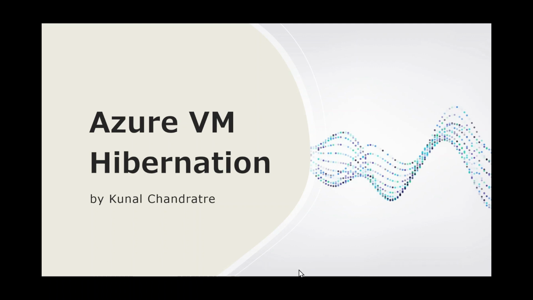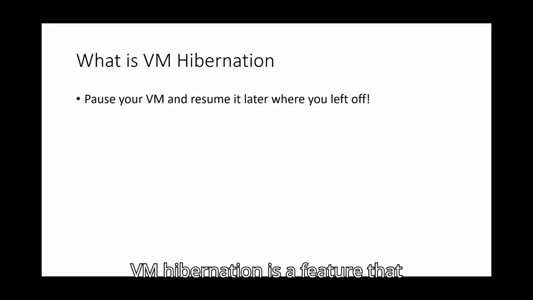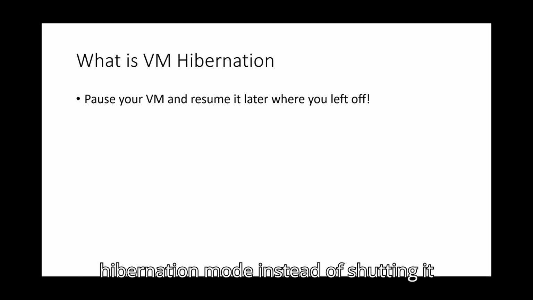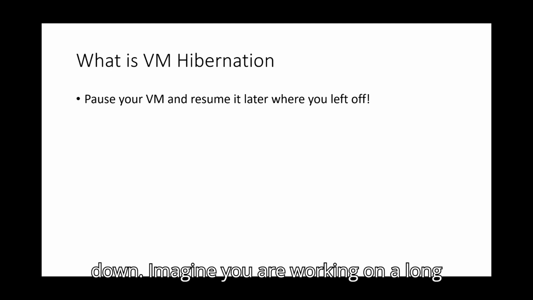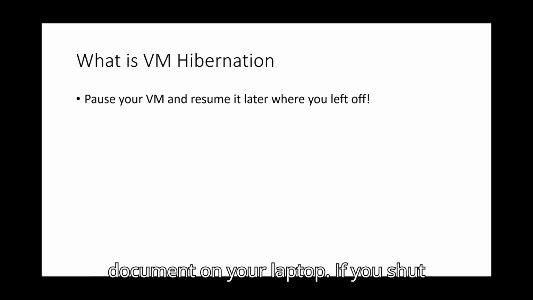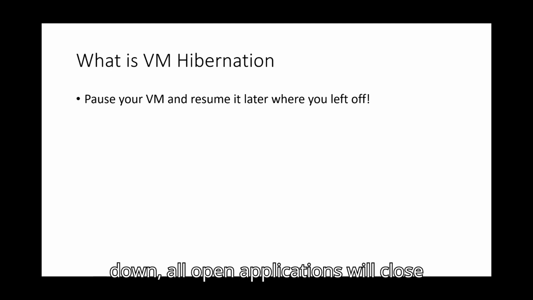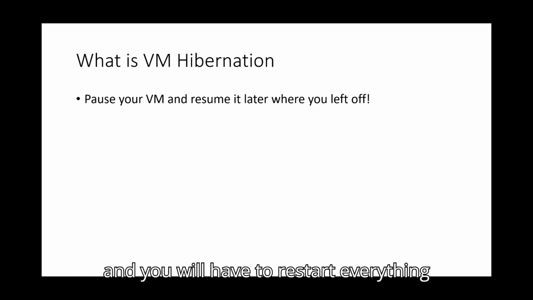So let us start. VM Hibernation is a feature that allows you to pause a VM and save its current state to disk. So you can resume it later from where you left off without losing progress. It is similar to putting your laptop into hibernation mode instead of shutting it down. Imagine you are working on a long document on your laptop. If you shut down, all open applications will close and you will have to restart everything next time.